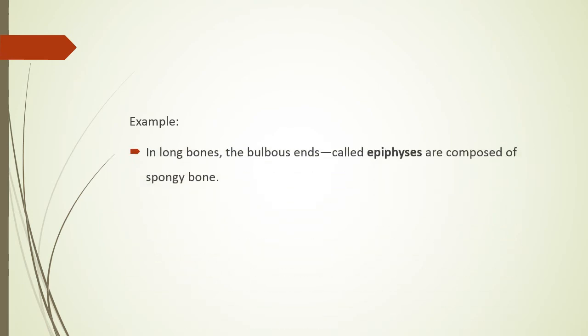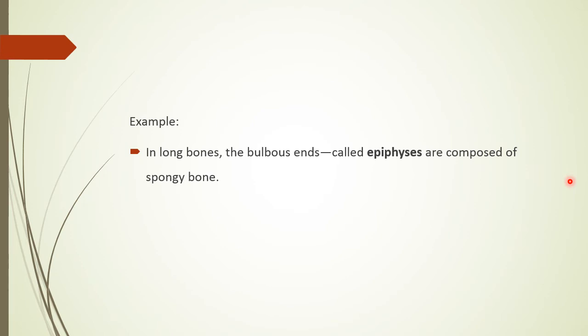Examples in the body of compact and spongy bone. In the long bones, we have the bulbous ends called the epiphyses, and they are composed of spongy bone covered by a thin layer of compact bone.